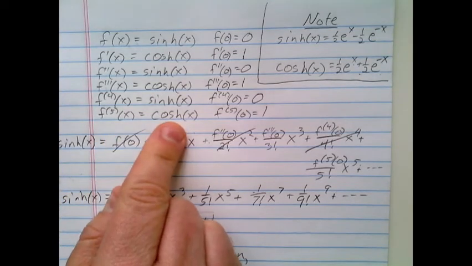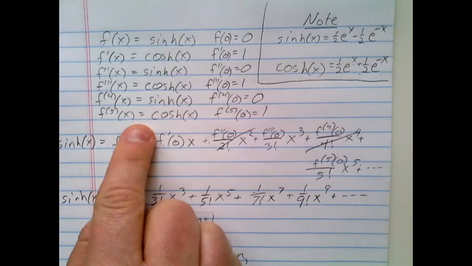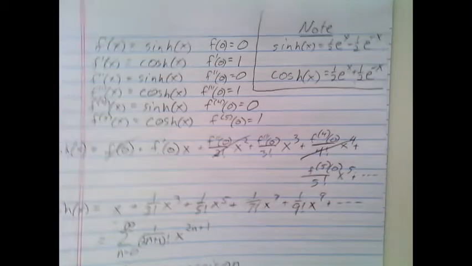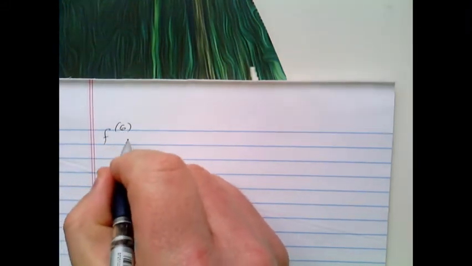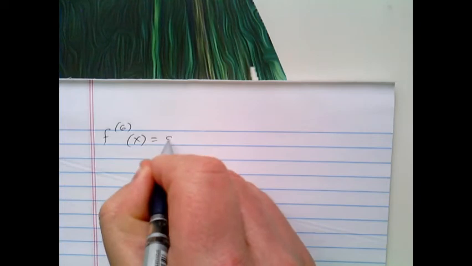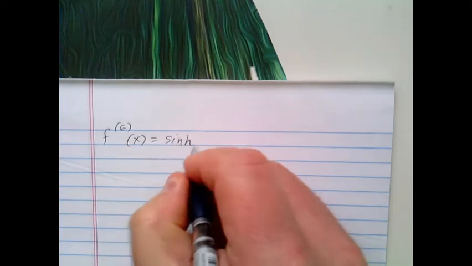If the fifth derivative was hyperbolic cosine, then the sixth derivative is back to hyperbolic sine. So we'll go ahead and write that on the next piece of paper here. The sixth derivative of f is hyperbolic sine.